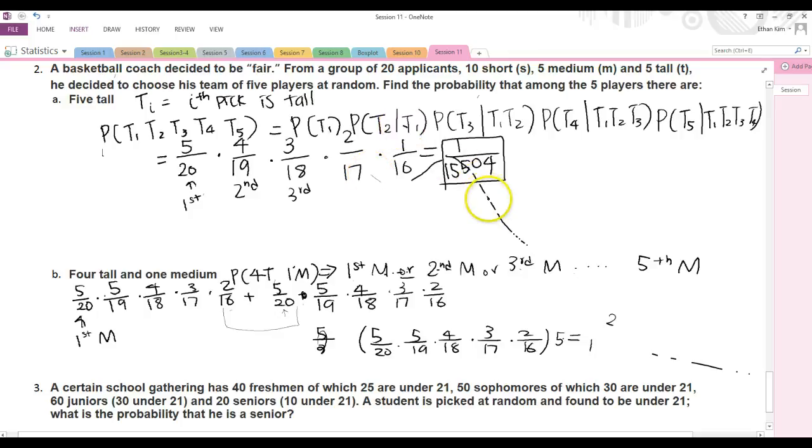So that's 25 out of whatever we had before, 15504. Okay. And last question.